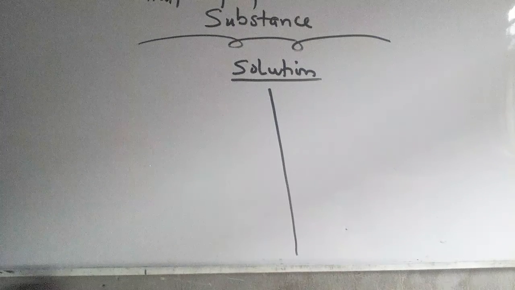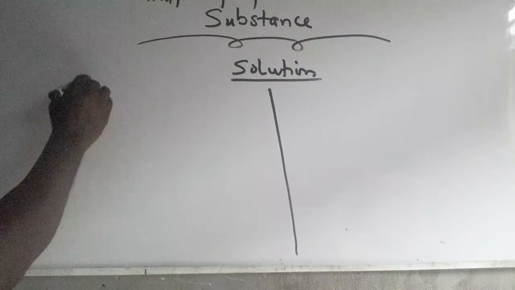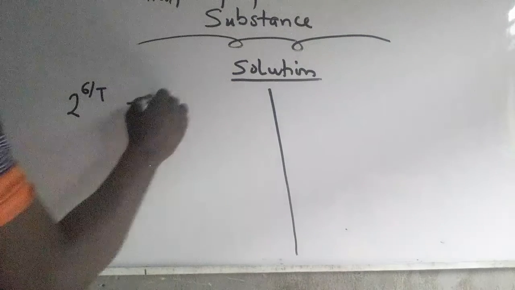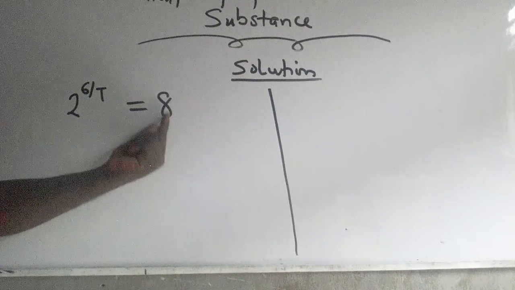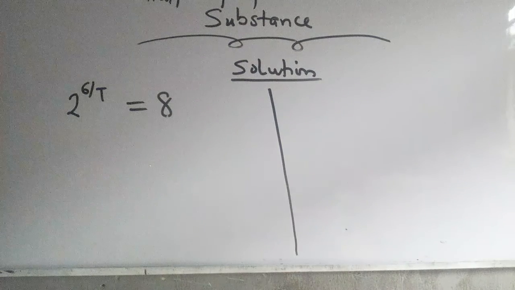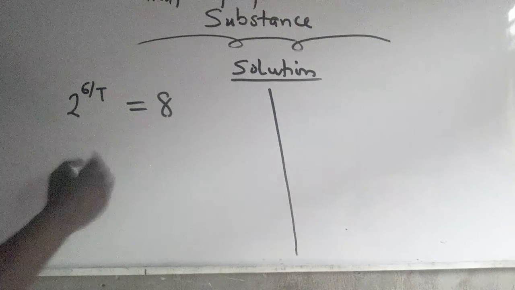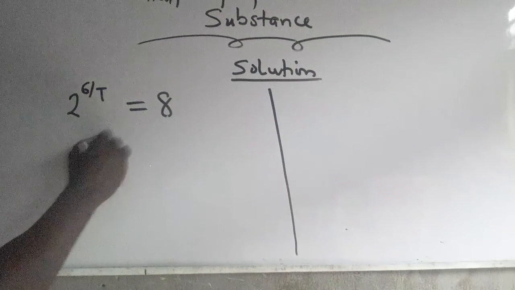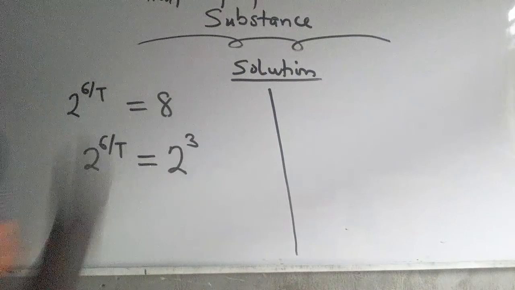From the previous steps, we have 2 raised to power 6 over T is equal to 8. Now we can express 8 in powers of 2. And so we have 2 raised to power 6 over T is equal to 2 raised to power 3.